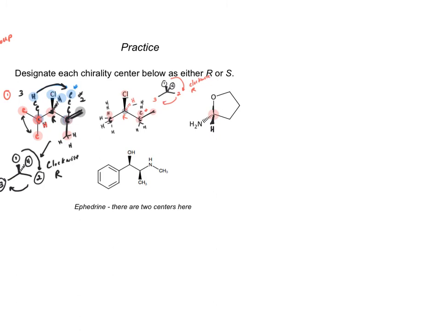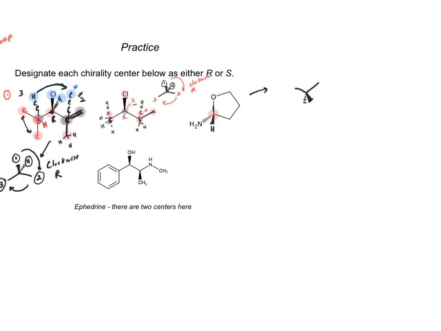We can go ahead and draw that. And then, again, I'm going to go ahead and just redraw the molecule. Hold on. And I'm going to assign priorities to everything.